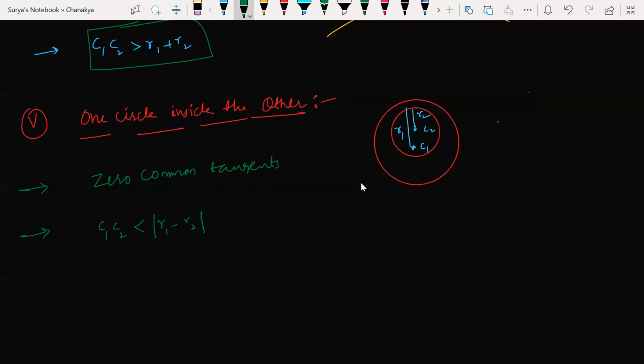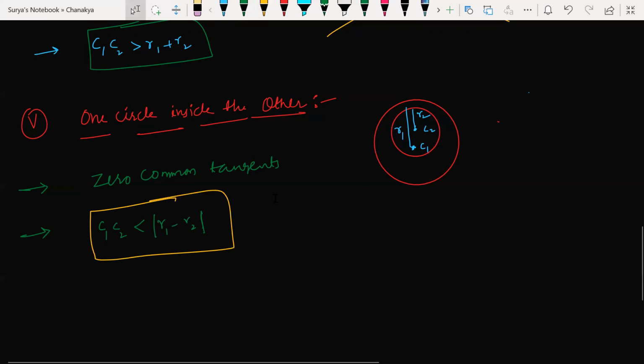Imagine, the distance C1C2, this yellow line, is lesser than R2 minus R1 or R1 minus R2. Isn't it? Are you able to see the difference here? Guys, how many of you are understanding the difference? Here C1C2 is lesser than |R1 minus R2|. So this is the condition when you have one circle inside the other one.